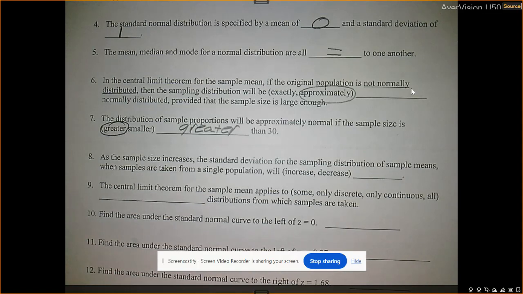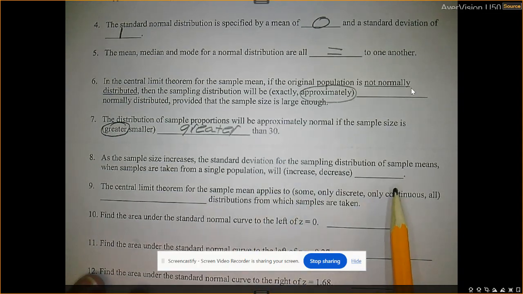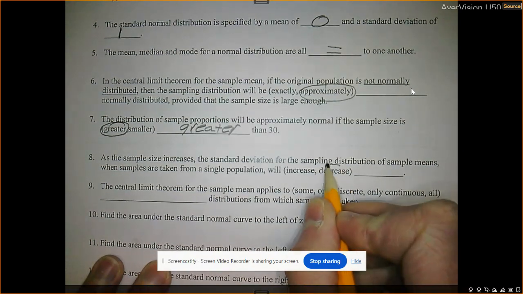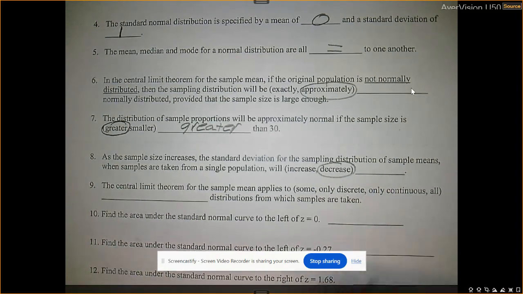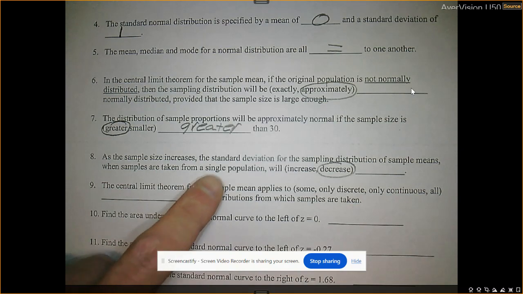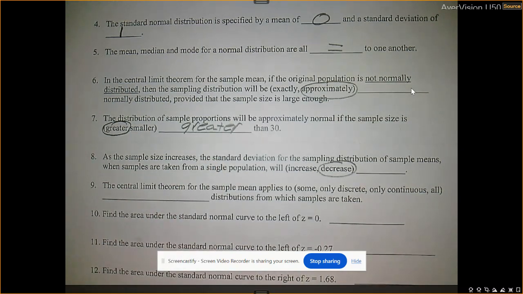As the sample size increases, the standard deviation for the sample distribution of sample means when samples are taken from a single population will decrease. Okay, again, that's kind of a lot of words, lots of sample, but it's going to get less spread out the more that you increase the sample size, which if it's getting less spread out, that means your standard deviation is going down.